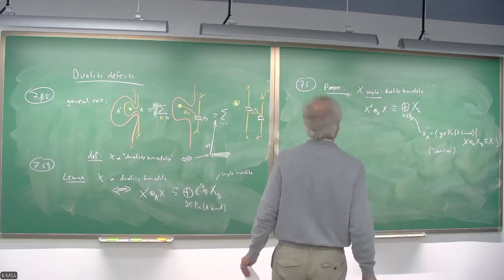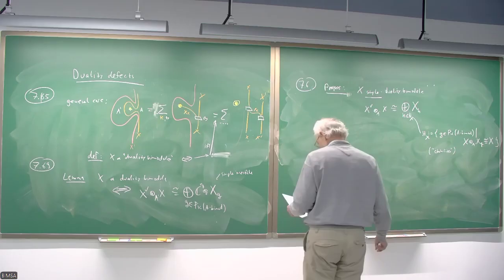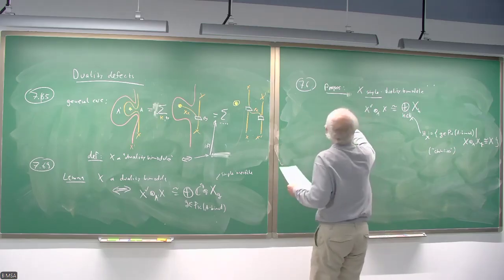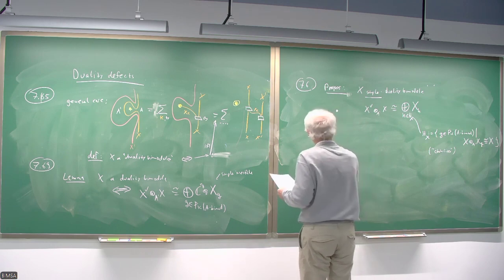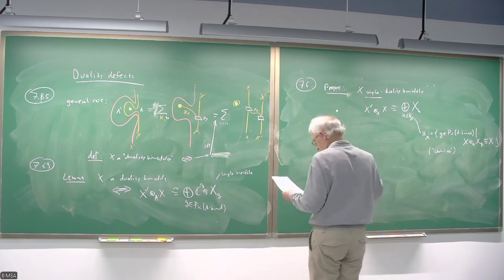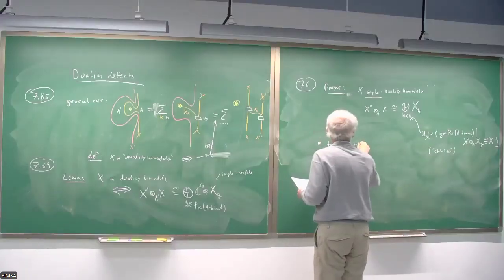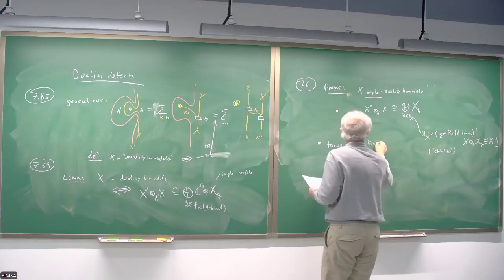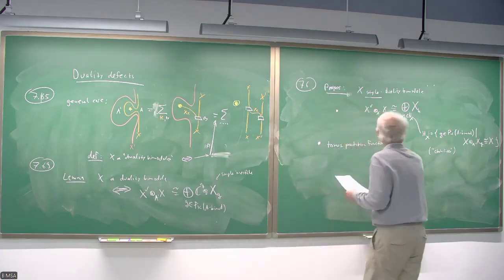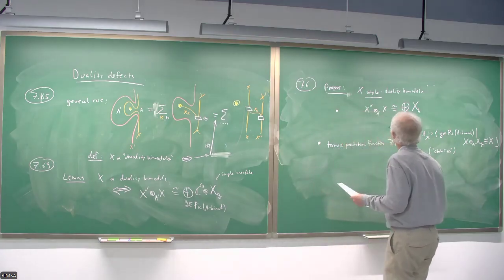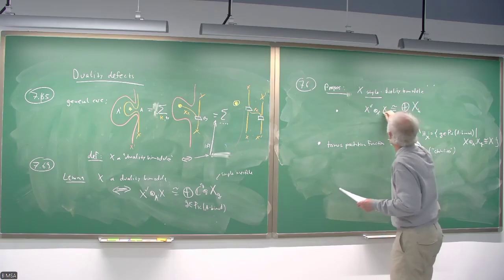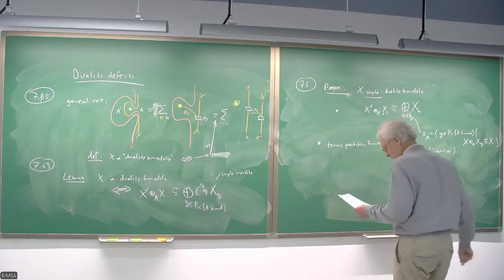Let's review this now. And also, in this case, a different result. In this case, the torus partition function of A prime. So X is here an A prime A bimodule.